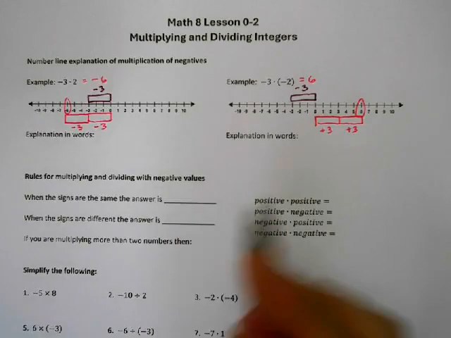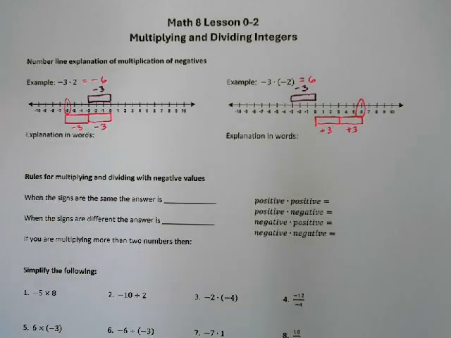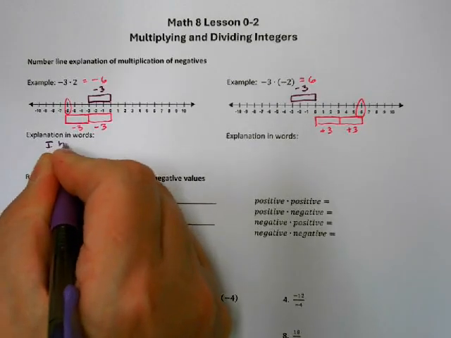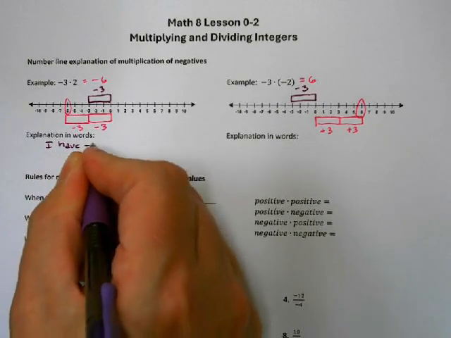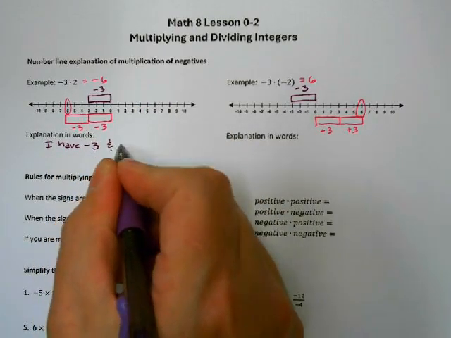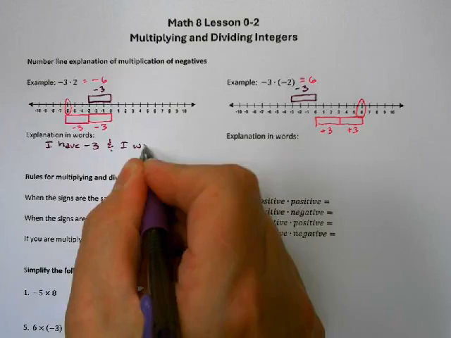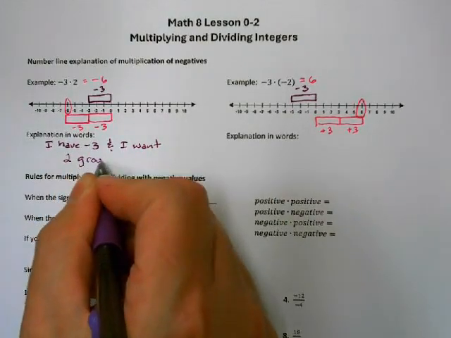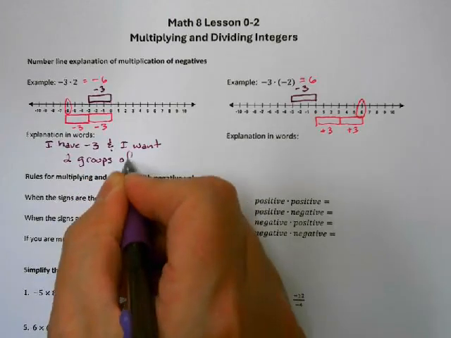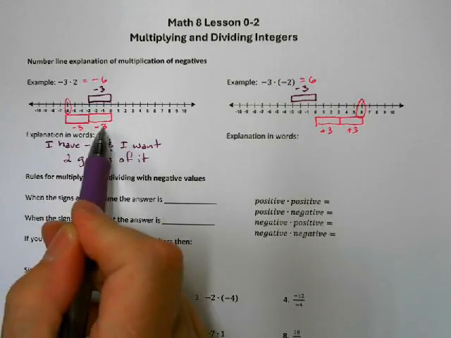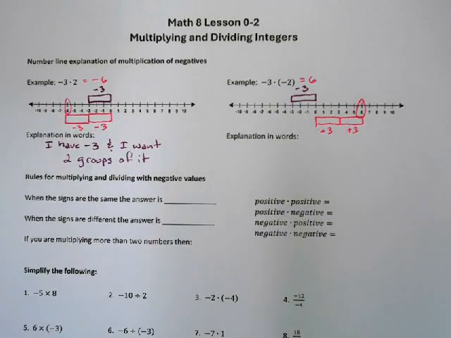So why don't we explain that in words? In words, we would say, I have negative 3 and I want 2 groups of it. So I've got negative 3 and I want 2 of them. So negative 3 and negative 3, that's negative 6.